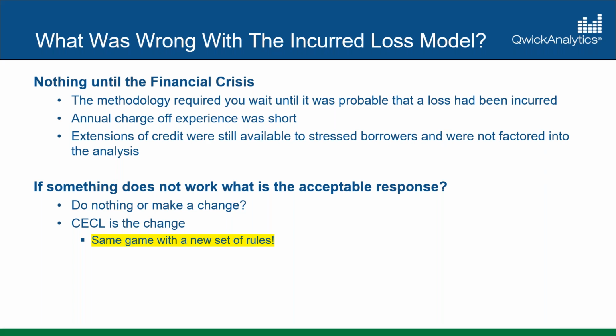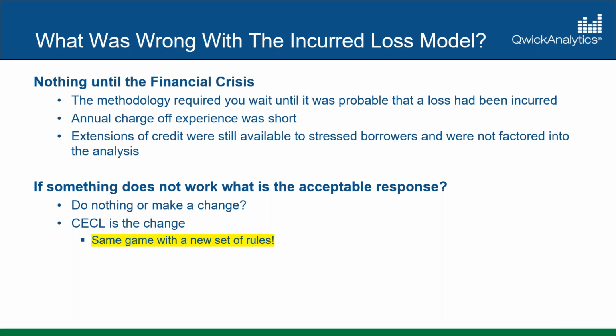I think there are a few overriding sentiments or questions we continually get from banks about CECL. First off is, why are we even bothering changing it? I think we have to remember a decade plus ago, when we were in the midst of the financial crisis, everyone recognized that the ALLL did not work the way it was wanted to.